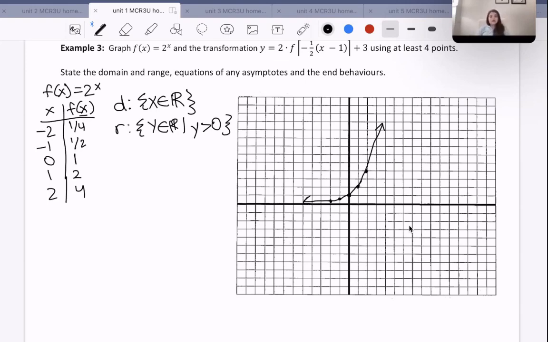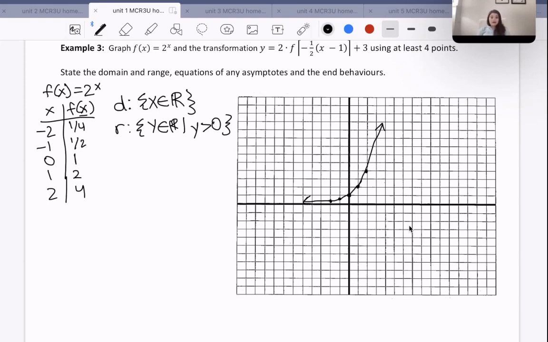Now, also, is there any way to get a negative number? No, there isn't, right? Because if we put a negative number for x, then we get a very small number close to 0. And if we put in a positive number for x, then we get a large number, perhaps, especially depending how far into the positives we choose x to be, but it just keeps growing and getting bigger.